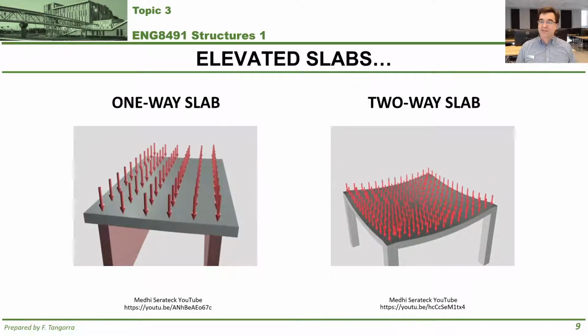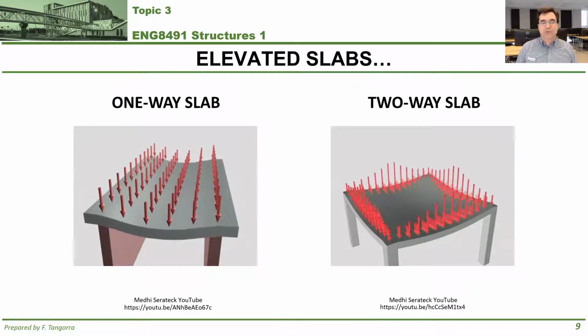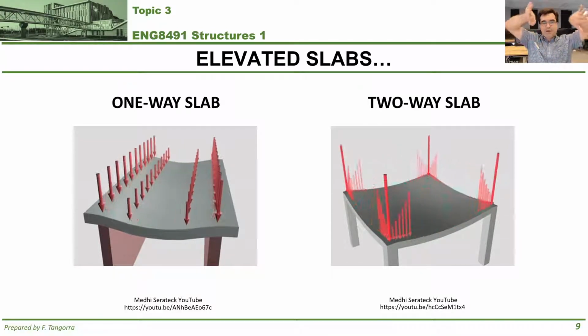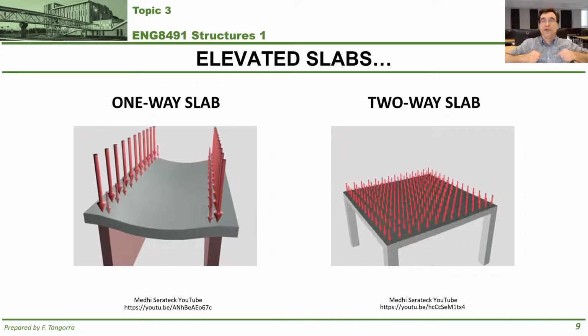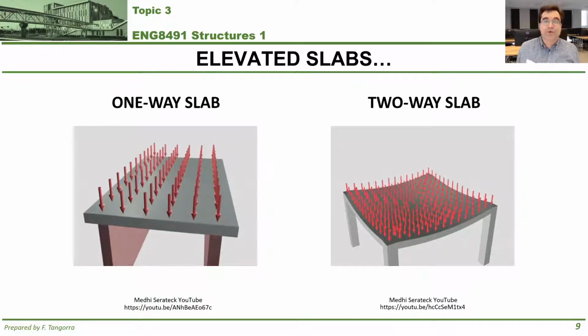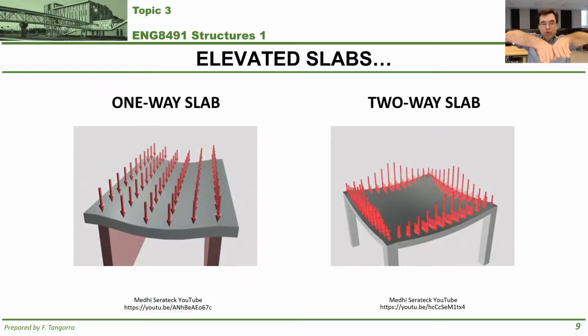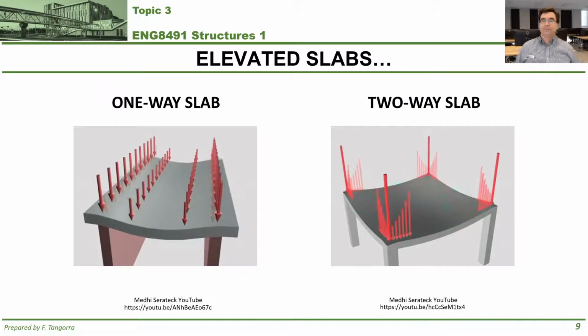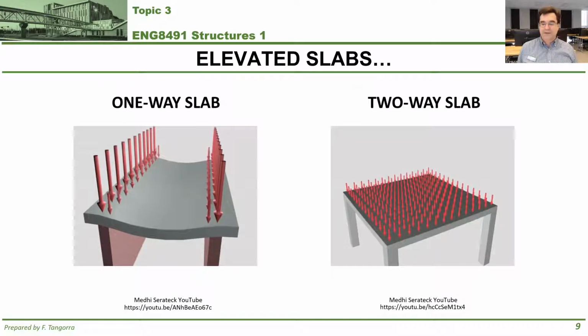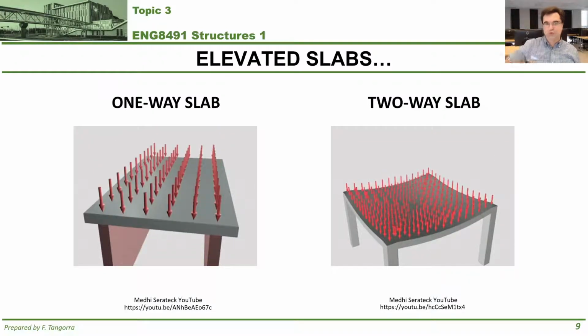Okay, so that's the main difference. A one-way slab has what's called a one-way bending. It bends like a barrel. A two-way slab bends like a trampoline. It bends in two directions, parallel and perpendicular.